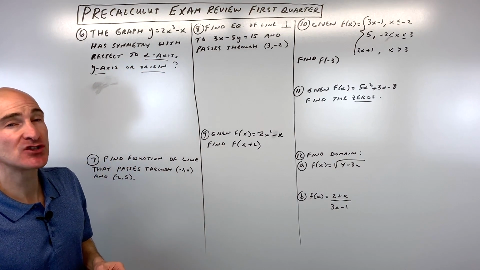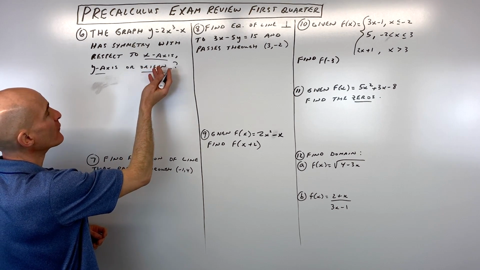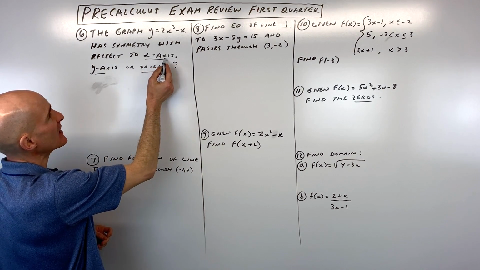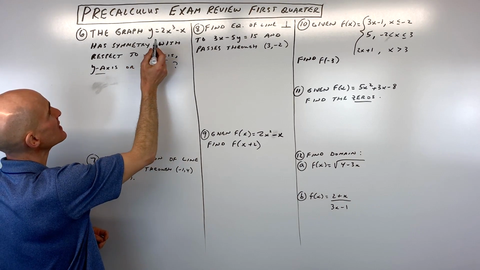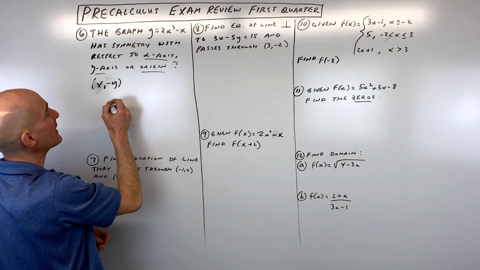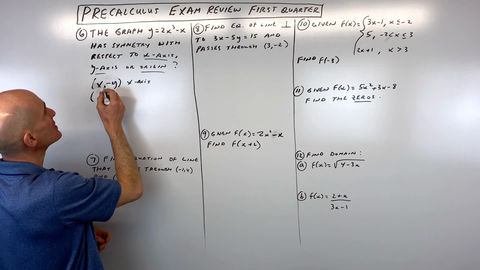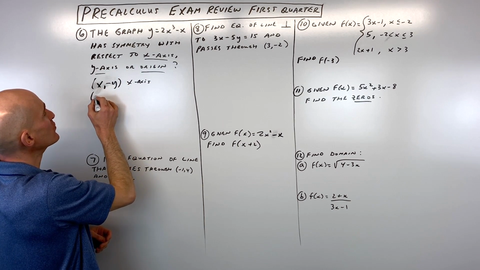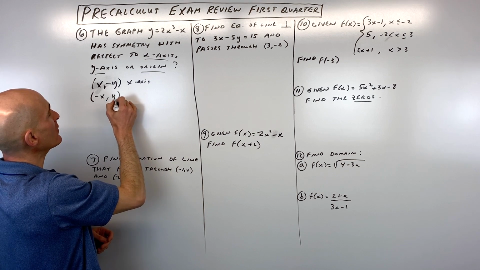Here's the test that you want to memorize. When you're testing to see if it's a reflection over the x-axis, meaning it has symmetry with the x-axis, you replace (x, y) with (x, -y). So this is x-axis symmetry. If you want to test for y-axis symmetry, you replace the x in the equation with negative x and the y with positive y.